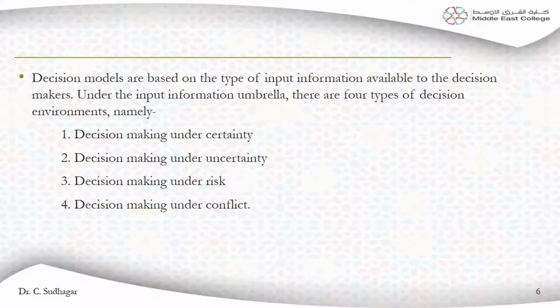But decision making under risk means it's a new product, a very new product, something like a different type of food item, or a different type of dress item, or a new type of solar car or solar products. That's a new product you are making, so we don't know whether people will receive it or not. It is a risk.